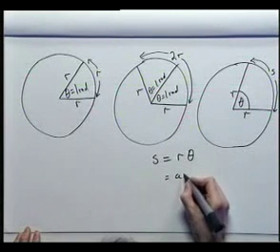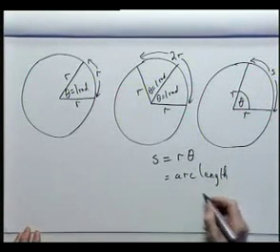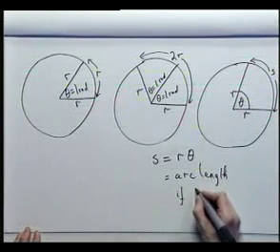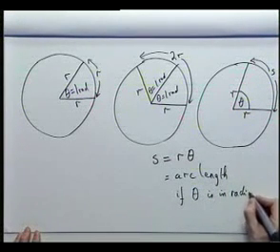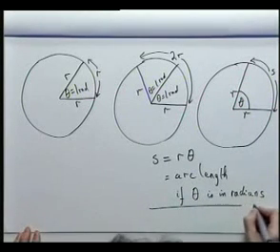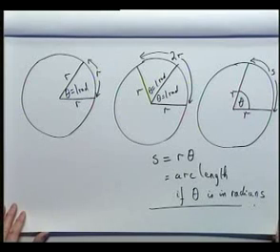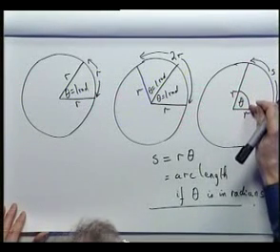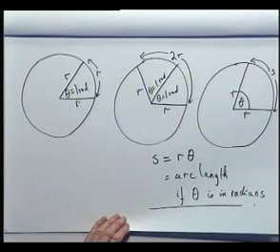And that's the arc length, and it's true if theta is in radians. So that gives us a very good way of calculating the arc length when we know the angle subtended at the centre and we know its value in radians.